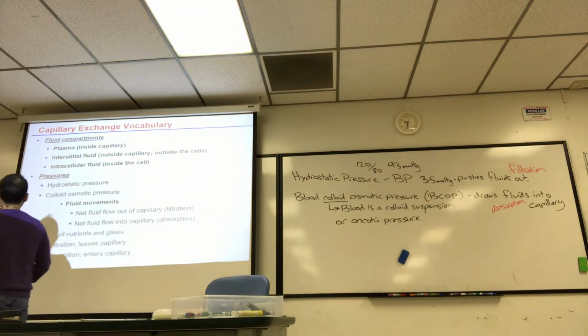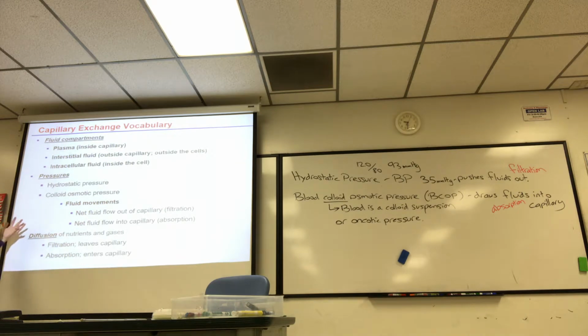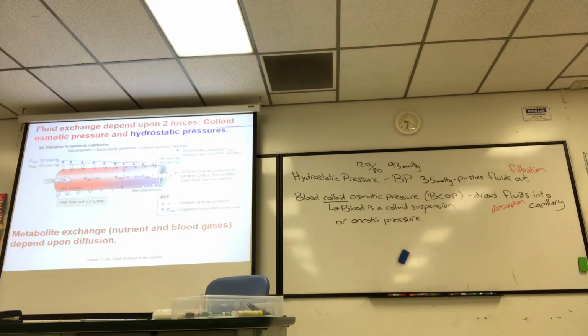So in addition to the fluids being exchanged, gases and nutrients just follow principles of diffusion, high to low or low to high. Okay. If the concentration of oxygen is lower outside, oxygen will just follow its concentration gradient.